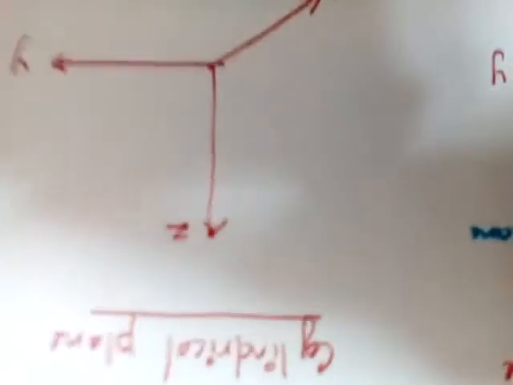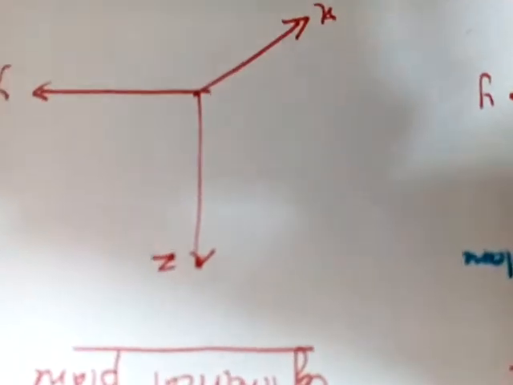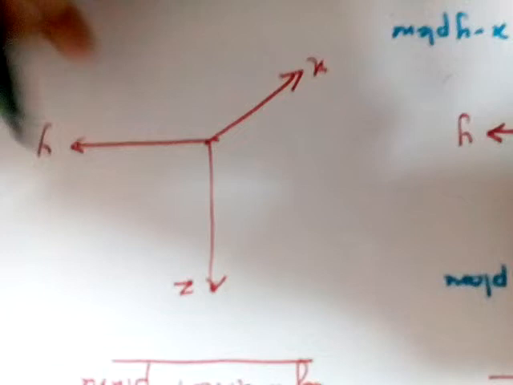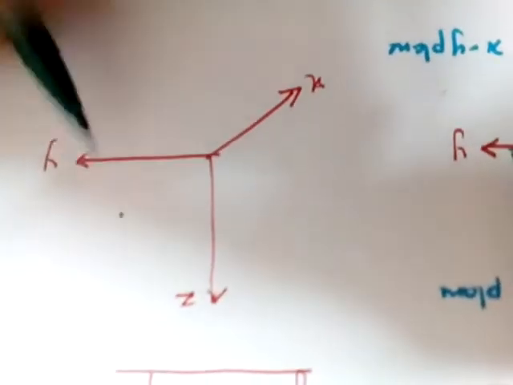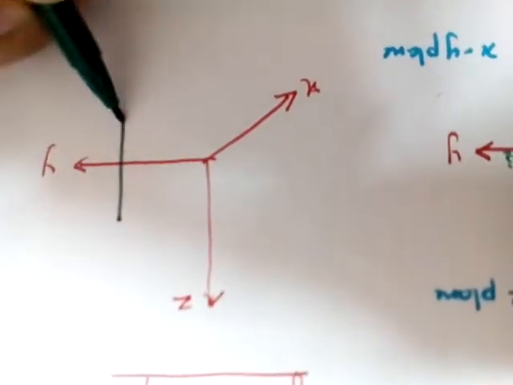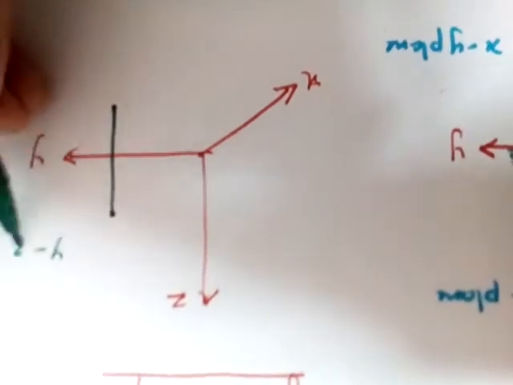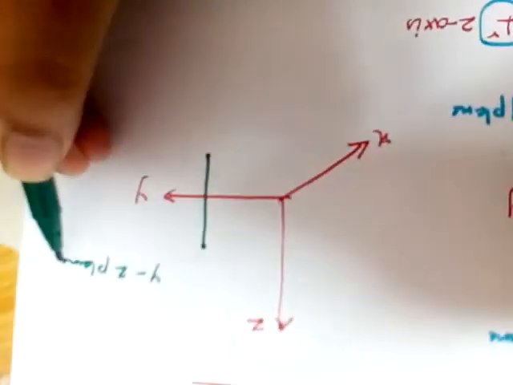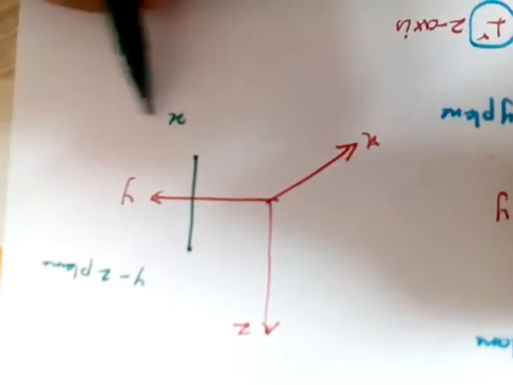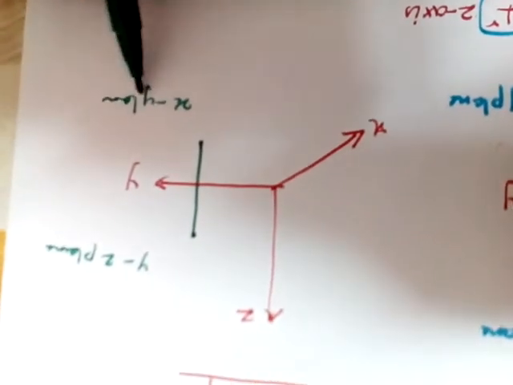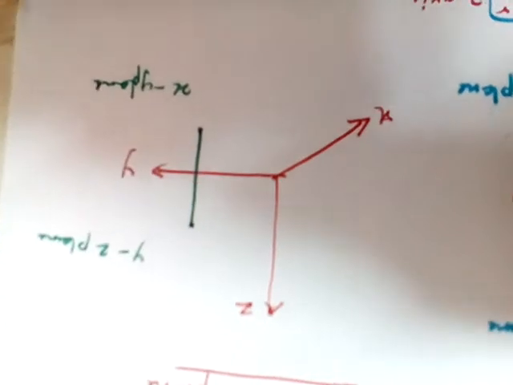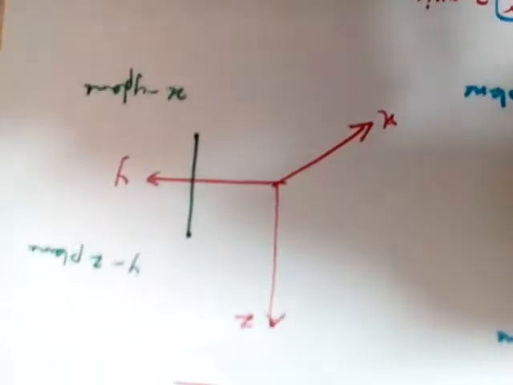So again, I'll be dropping the perpendicular, and there I go. The perpendicular is dropped from the YZ plane to the XY plane, or you can just say it's a perpendicular dropped on the XY plane.